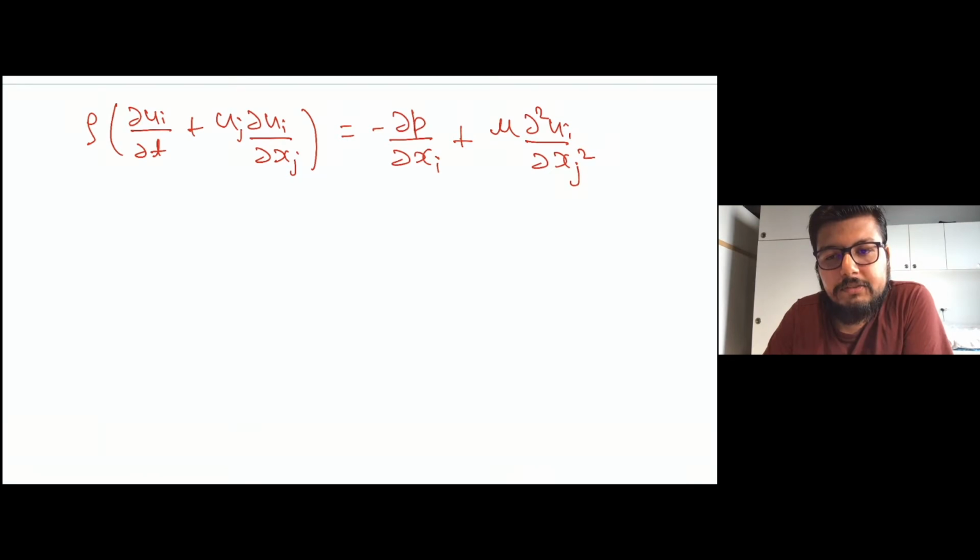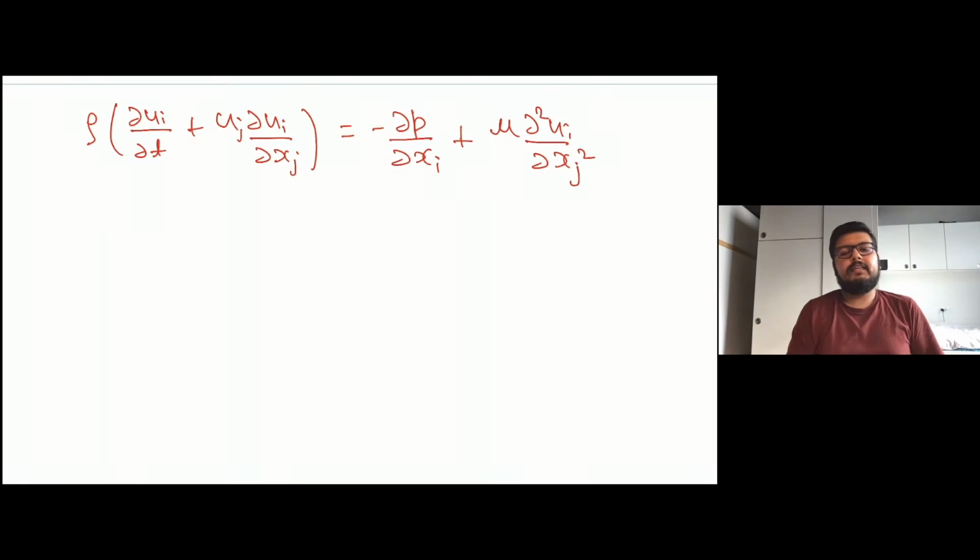So now let us try and non-dimensionalize this Navier-Stokes equation. But before we do so, let me remind you about the dimensional analysis lecture. If you remember, there we introduced some non-dimensional numbers, and the way we reached those numbers was by identifying the relevant parameters of the problem and then trying to create some non-dimensional groups using the Buckingham Pi theorem.